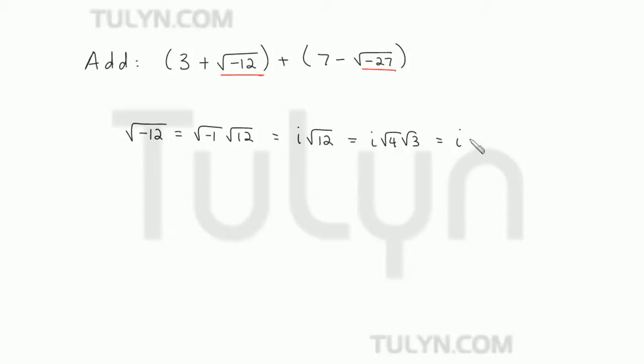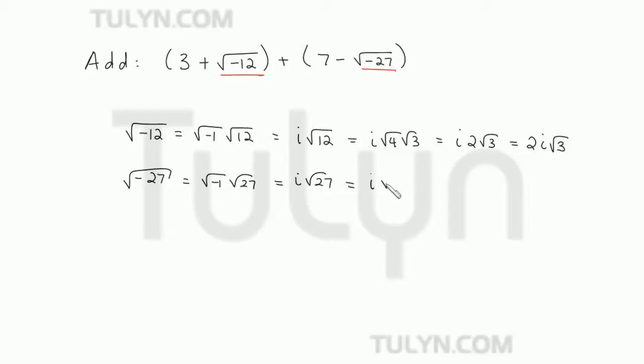So this becomes i times 2 times square root of 3, and how we write it is we write the number first, and then the i, and then the square root at the very end. And so doing the same thing with square root of negative 27, this becomes i times square root of 27, and 27, I believe we can factor out a 9 from it, right?